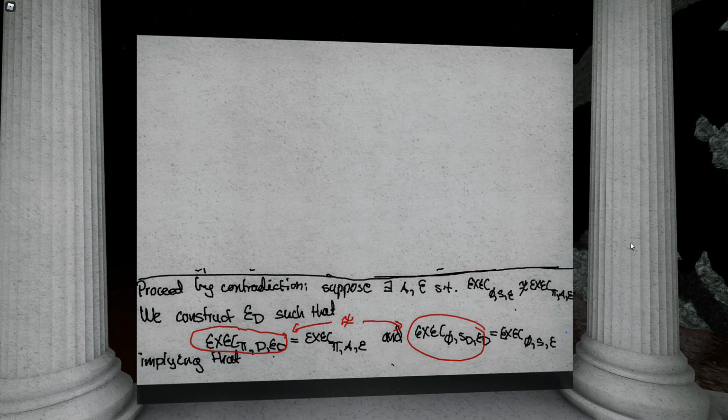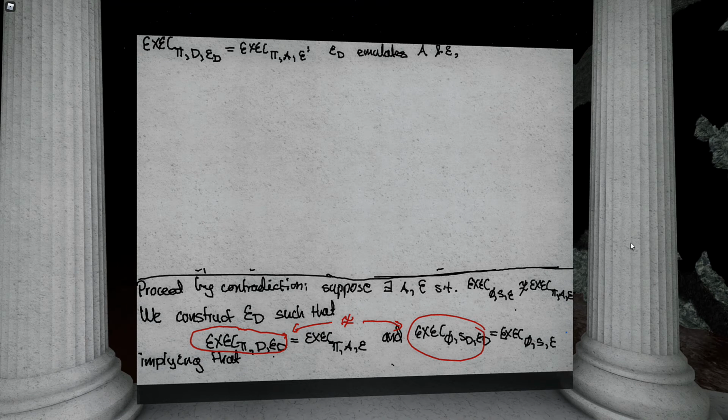Okay, so we're going to show this first equality: exec pi D ED equals exec pi A E. Well, the argument for this is that ED emulates A, and also ED only uses the dummy adversary's functionality.